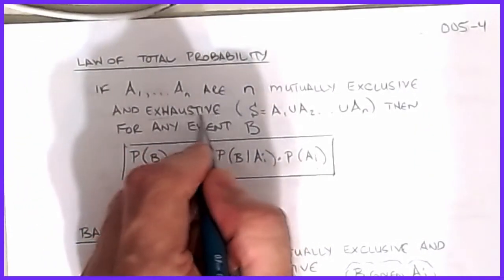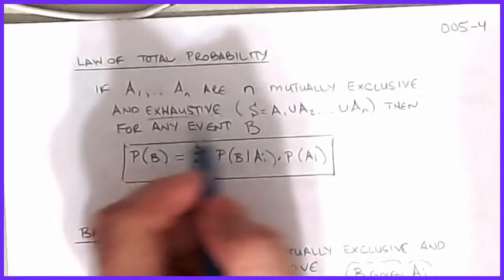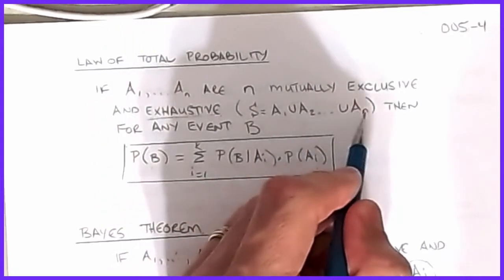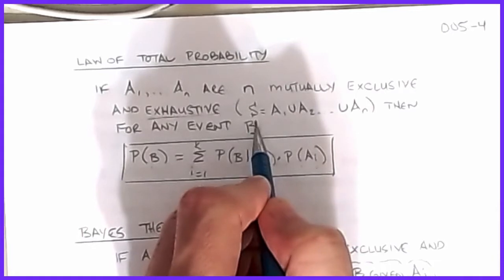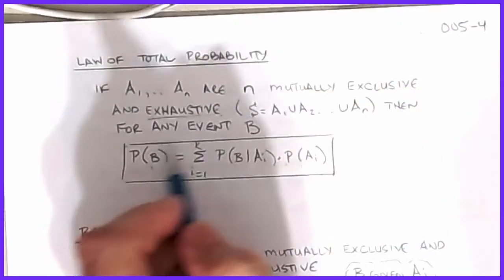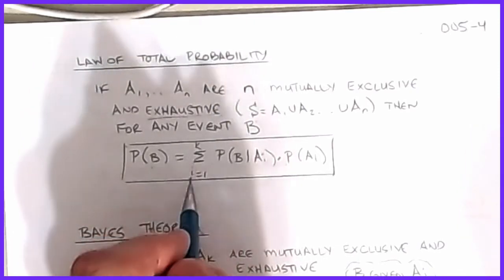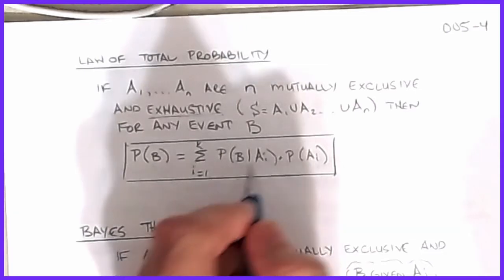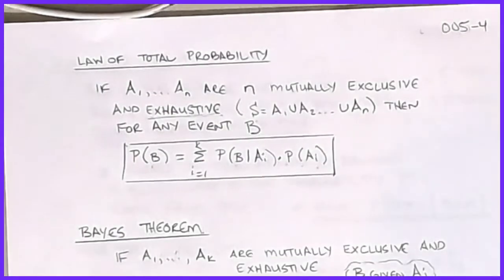What exhaustive means is I've accounted for all of the possibilities within a subset. So exhaustive on S means that S is A1 union A2 all the way out to union AN. All those together add up to the sample space, so we haven't left anything out. Then for any event B, the probability of B is simply the summation of all of those branches, B given AI multiplied by the probability of AI.